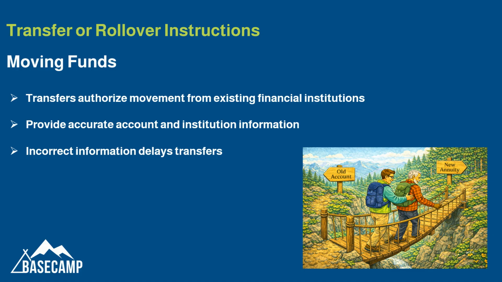You can see two individuals crossing a bridge labeled from old account to new annuity. It's a simple visual that represents the process of moving funds from one account to another as part of documenting the retirement strategy. Taking a moment to verify these details during the application can help ensure the transfer instructions are clear as the case moves forward for review.